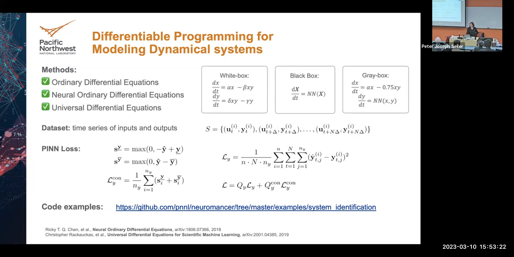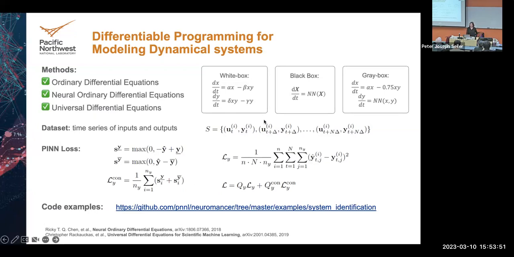So we can go across this entire range, from white box representation, which is typically a system where you know all the physics, to black box, where you don't know any of the physics, you just know that there is a state and that it is evolving based on some unknown process. Or you can represent your system as a gray box combination, where you know some of the equations and you don't know some other ones.